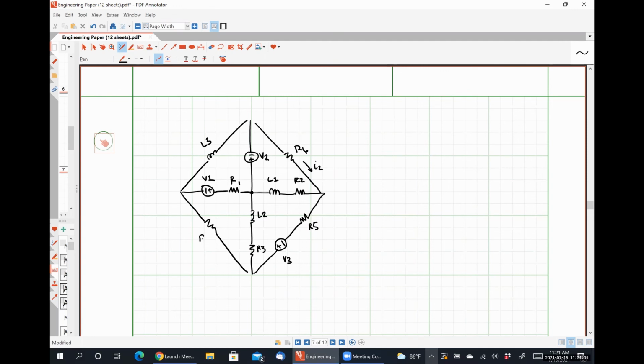This guy is R4, and this voltage is defined to be Vx. And you are asked to determine, okay, so there was I2, this guy right here will be I1, and you want to find I1, I2, and Vx. Okay.